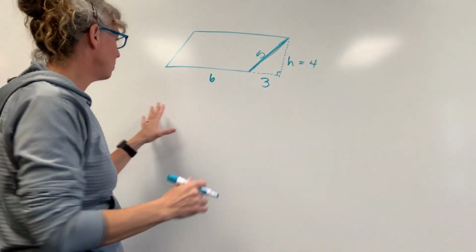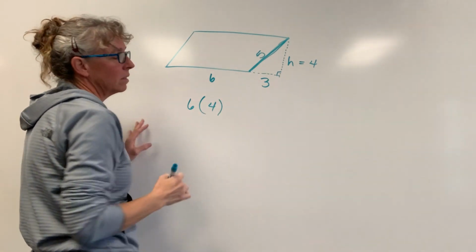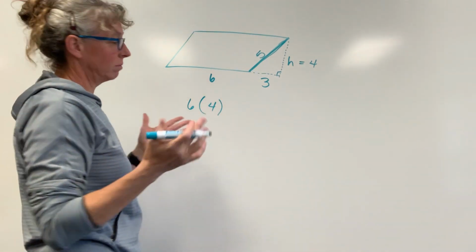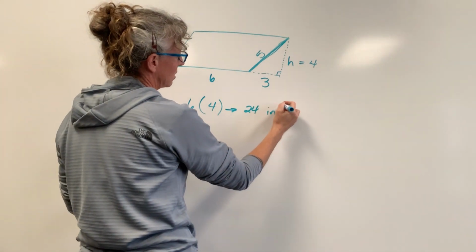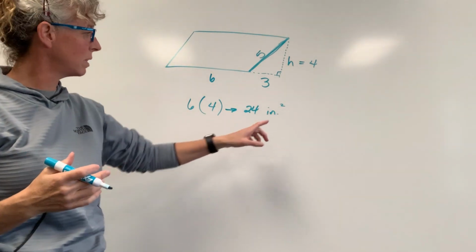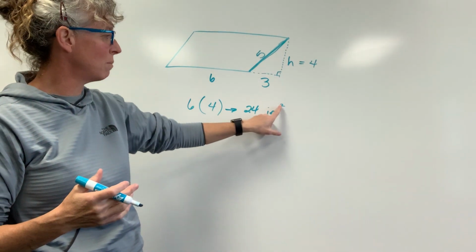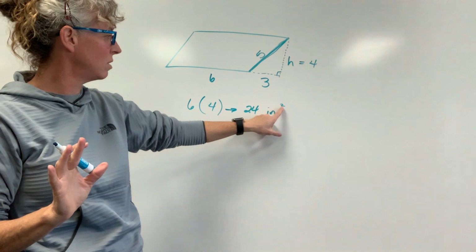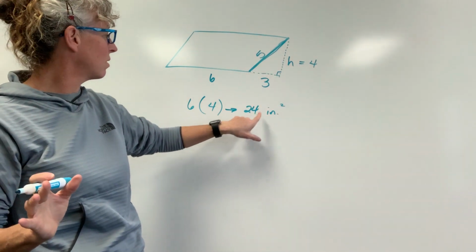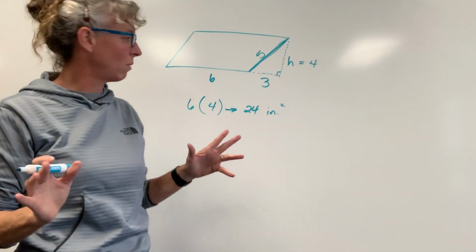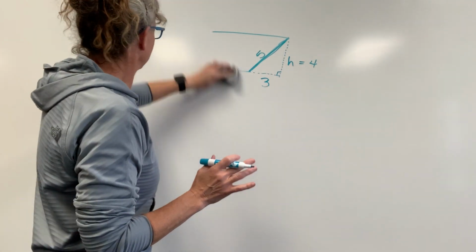So we can just do base 6 times height 4, which is 24. And we're going to label it, I think it was inches squared. Area is always labeled with this little square to show us that we're talking about area. It's just part of the label. It's not any math thing that we have to do. It's just a way to label the inches so we know we're talking about area. And our total was 24. Okay, base times height. All right, let's move on.